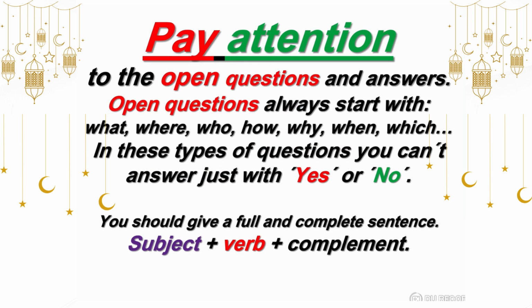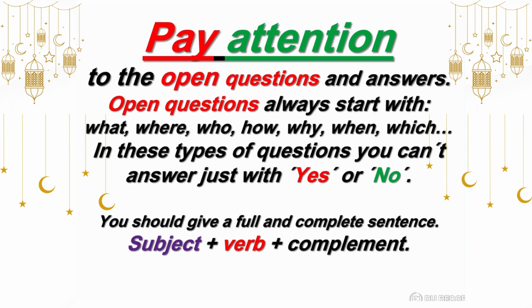So pay attention to the open questions and answers. When we studied short answers, we studied closed questions. It means closed questions are when we answer just with yes or no, and we should know the rule how to answer them. But now with open questions, so open questions always start with what, where, who, how, why, when, which.